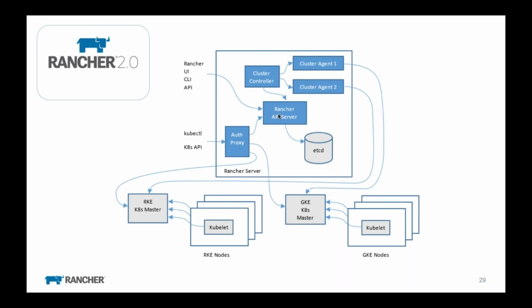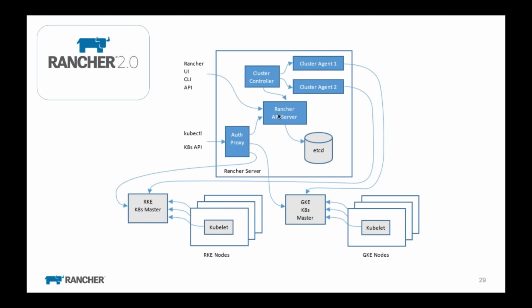So this is a high-level architecture diagram for Rancher 2.0. Now, right in the middle of the screen, you can see that blue box that reads Rancher API server, and that manages all the clusters that you can have running within Rancher. And Rancher also uses etcd, so it's backed up by etcd. At the bottom of the slide, there are two objects called RKE nodes and GKE nodes.